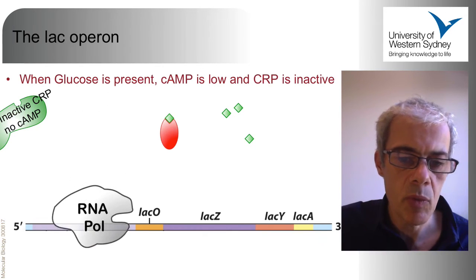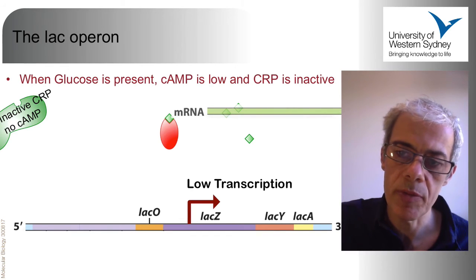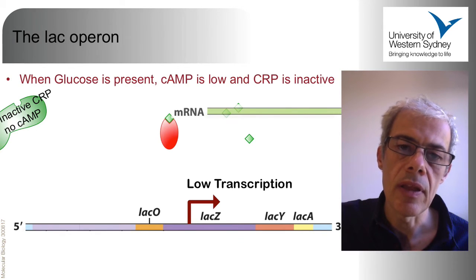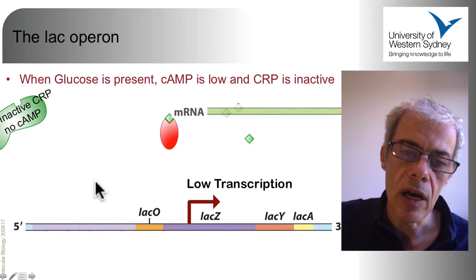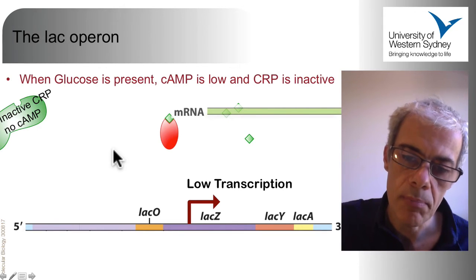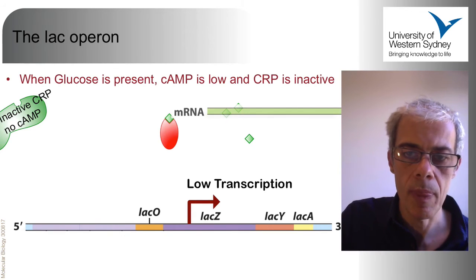At some point it will bind and produce low-level transcription of the lactose operon genes, but because glucose is present, whereas in the absence of glucose there is a much higher activation of the Lac Operon.